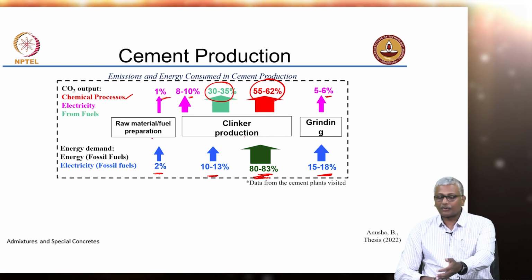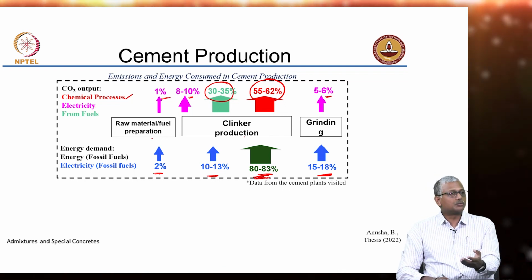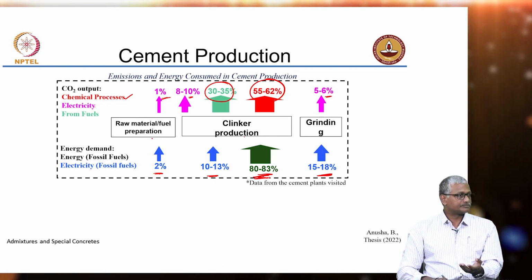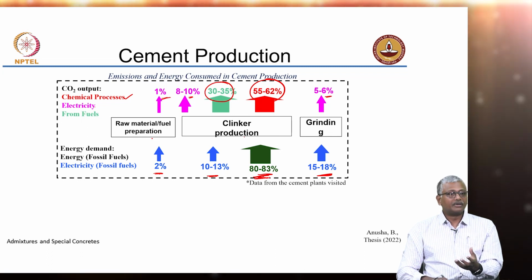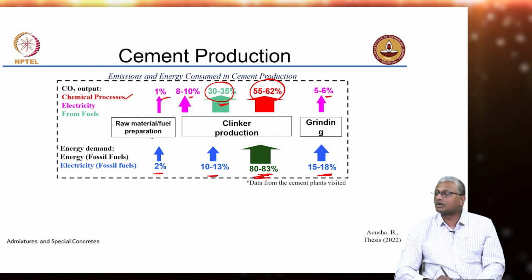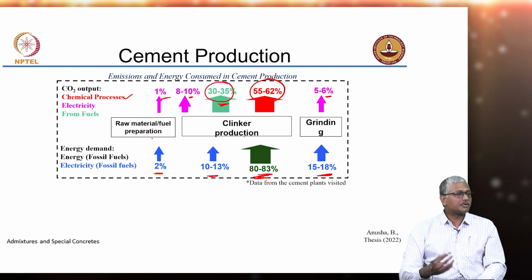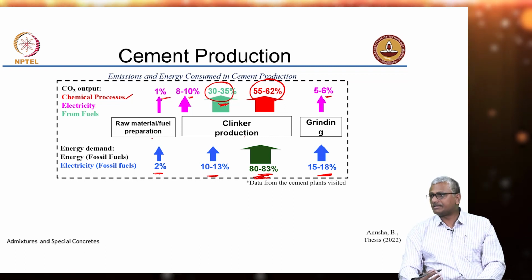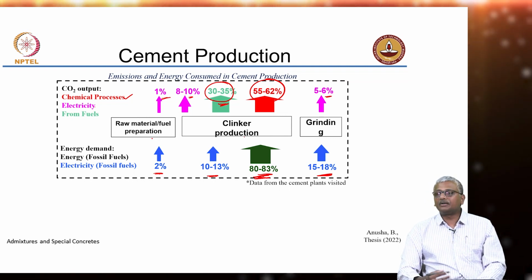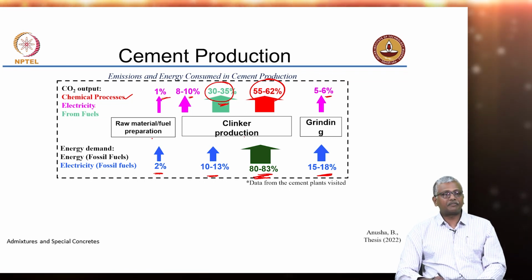So if you go more for alternative fuels, the fuel impact of CO2 will also come down. You get my point? When we start using alternative fuels, this net impact can be brought down also. So this is something that cement plants are continuously striving to do, that they are trying to burn alternative fuels as far as possible to really have an impact in the production.